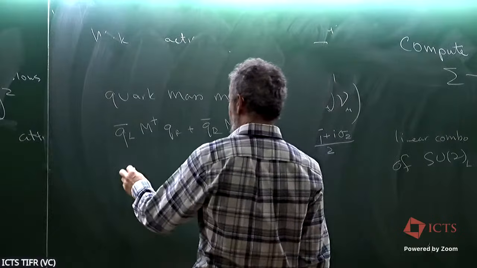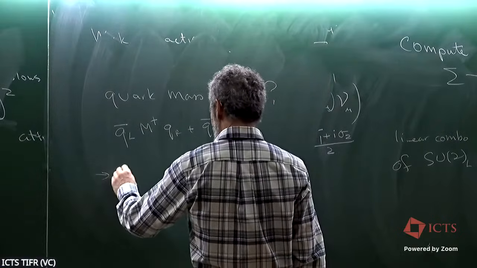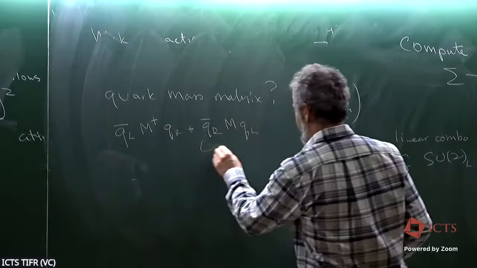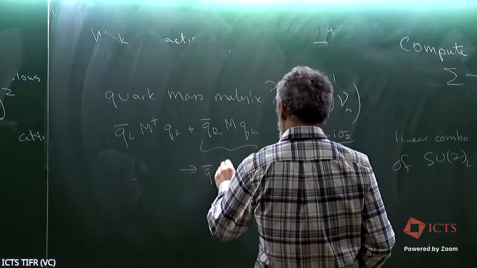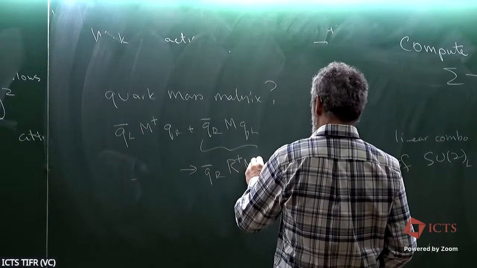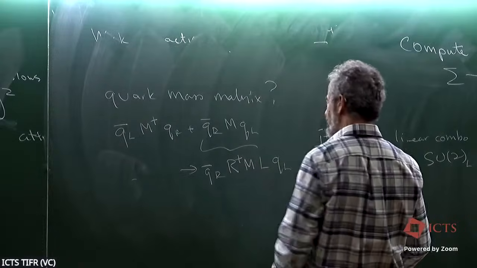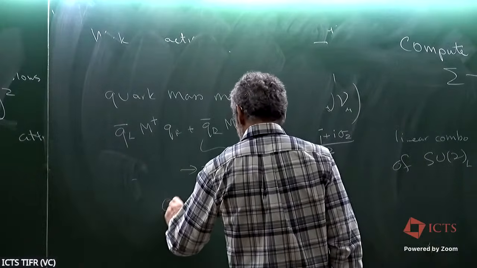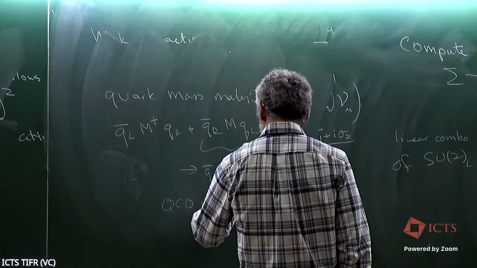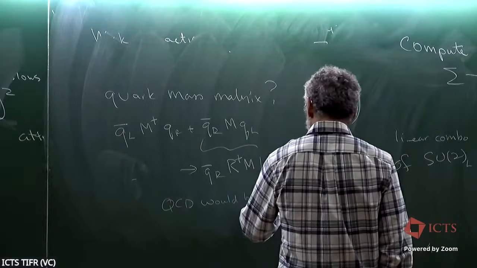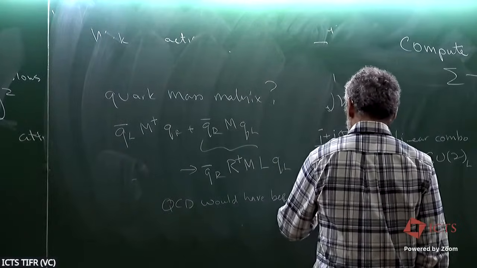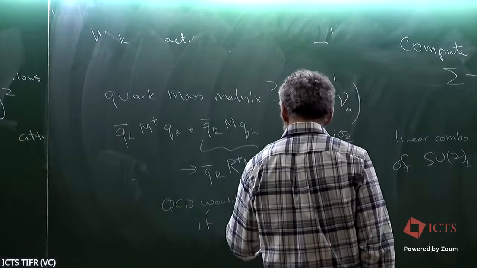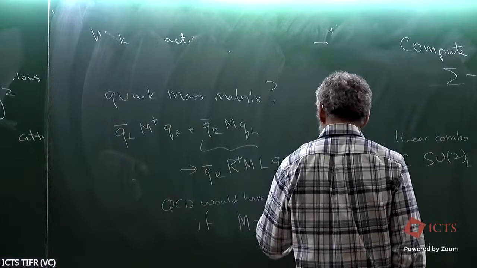And so under the transformation, this goes to, let me just look at this one here, q̄_right R† M L q_left. And so we can say, well, QCD would have been invariant if M also went like M goes to R M L†.